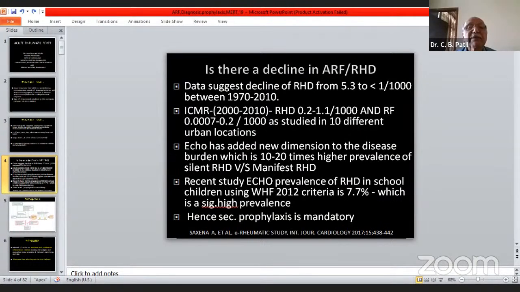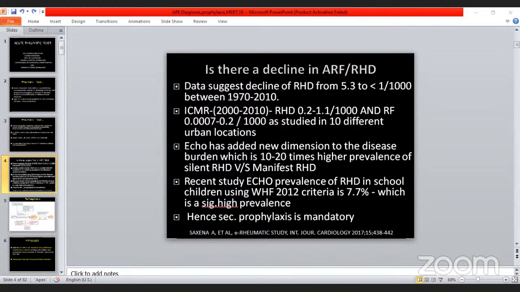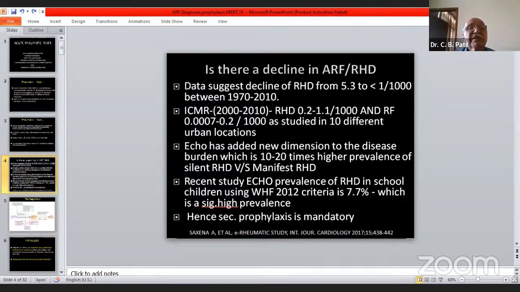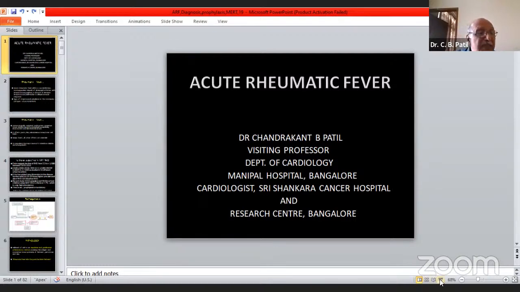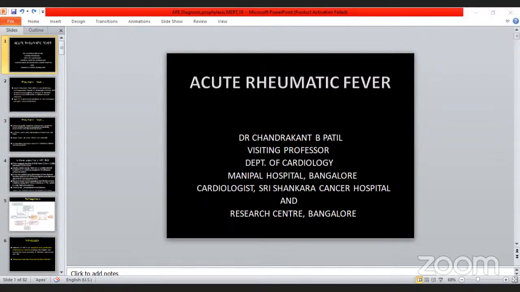Acute rheumatic first slide has come. But now again on my screen I'm able to see the fourth slide only. It is not changing. Why is it happening like this? Yeah, now it has changed. Now I have to do it full screen, then it doesn't change. Now also I'm able to see the title slide only.